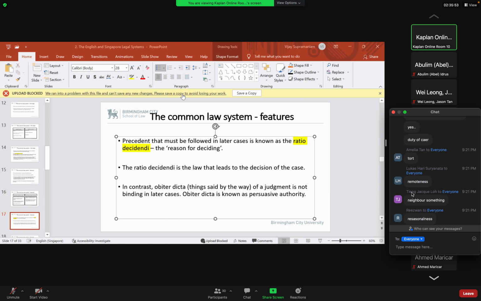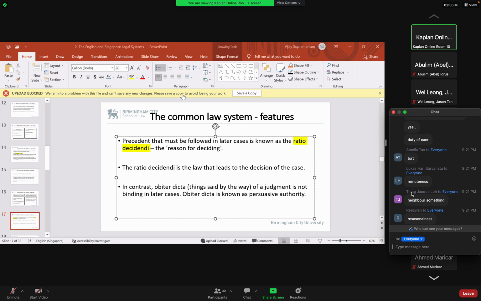Because sometimes when you look at a judgment, what you can find is that the courts will discuss the facts of the case. So when the judges discuss the facts of the case, you need to bear in mind, of course, I don't want to apply the facts in my future cases, right? The facts are not relevant.